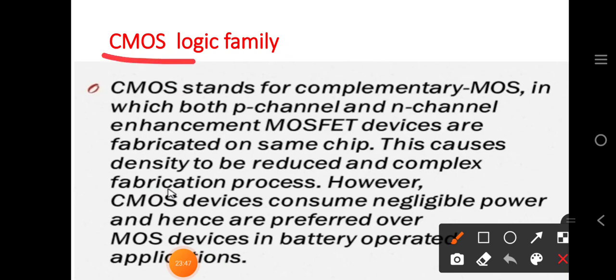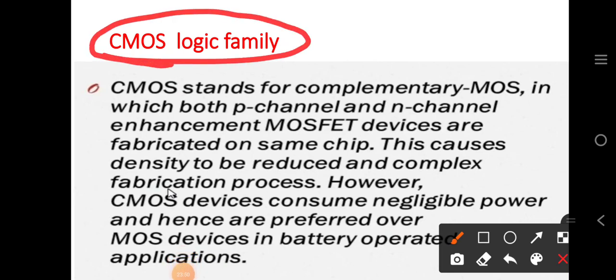So CMOS family is very important if we consider the power consumption. So we have seen in the previous lecture that the fastest working family is ECL and the least power consumption is the CMOS.